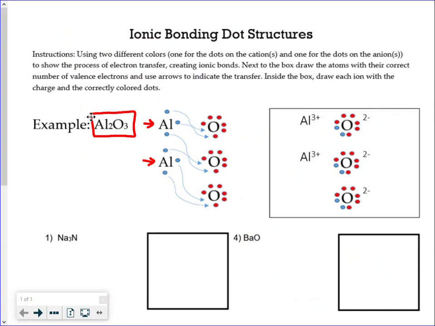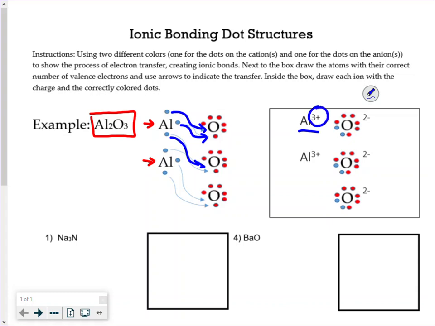And then over in the box, using your 2 different colors, you're showing me the new charge that is formed. And by having 2 colors, you're showing me which dots came from the original atom and which dot came from the one that transferred. But you also have to make sure that each particular atom gets its charge. Al, each one of them is losing 3. 1, 2, 3.